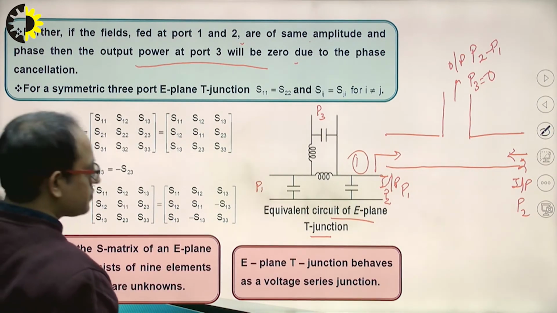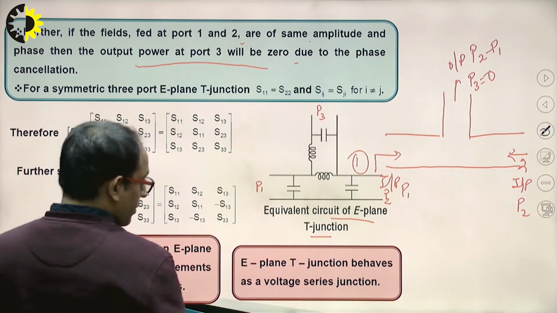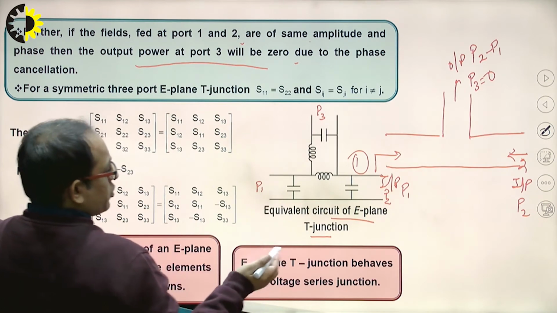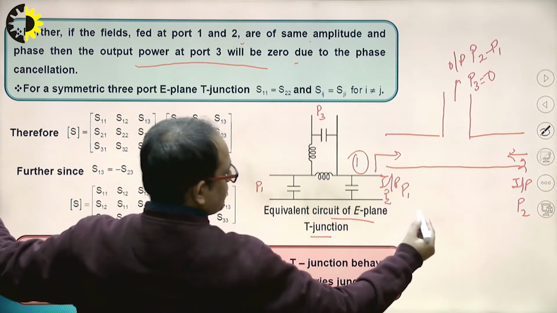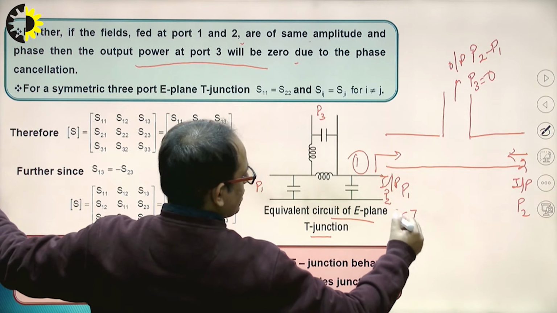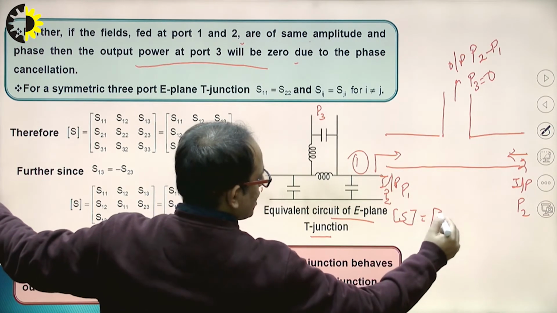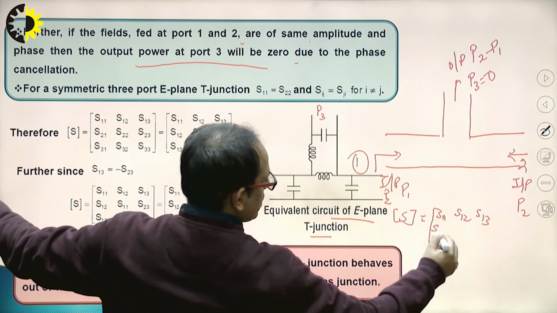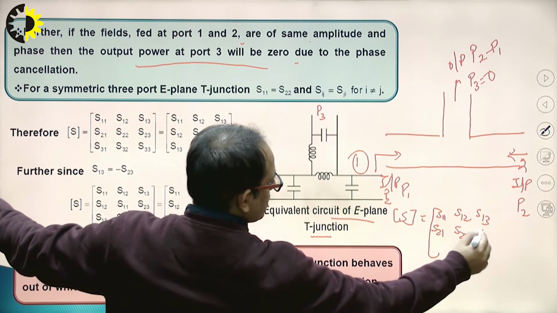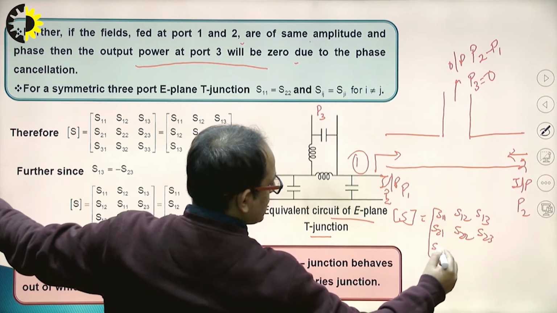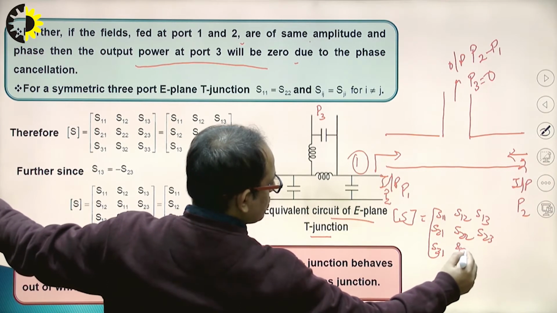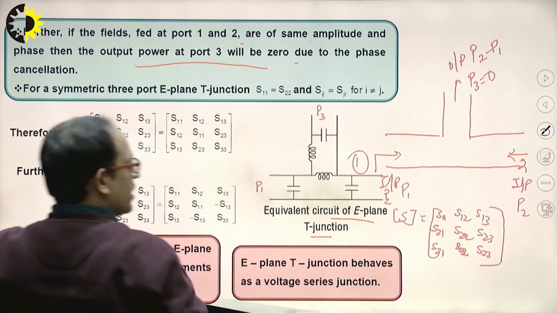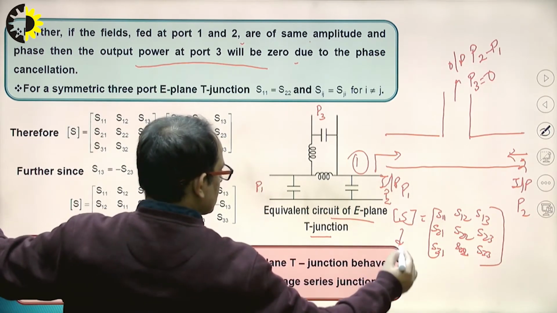Now see, this is a 3-port junction, 3-port device, means its S matrix will be in this form: S11, S12, S13, S21, S22, S23 and S31, S32 and S33. Clear? So this is known as the scattering matrix.